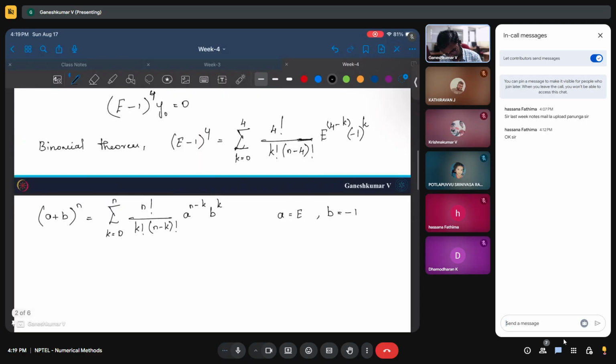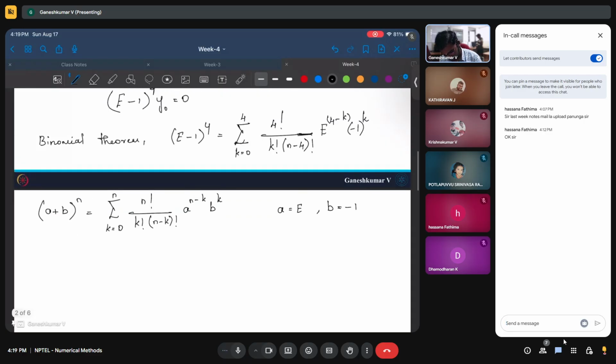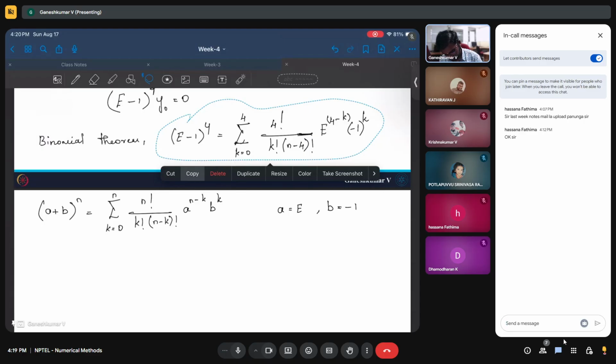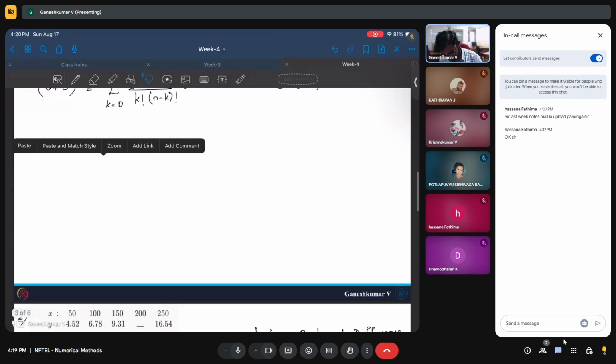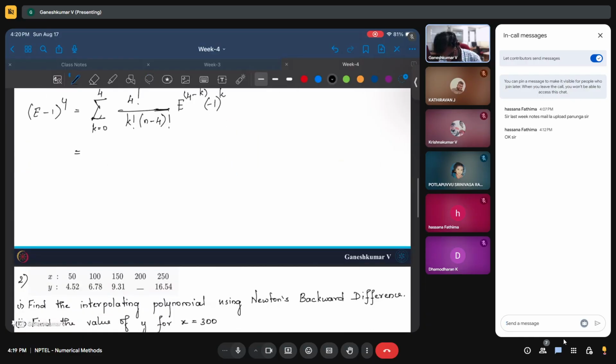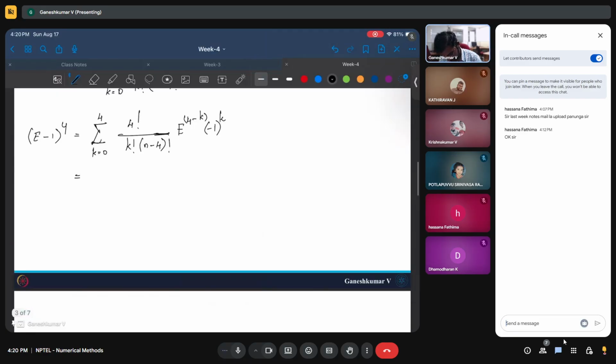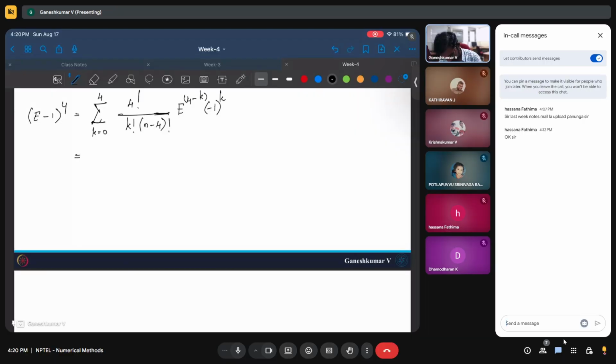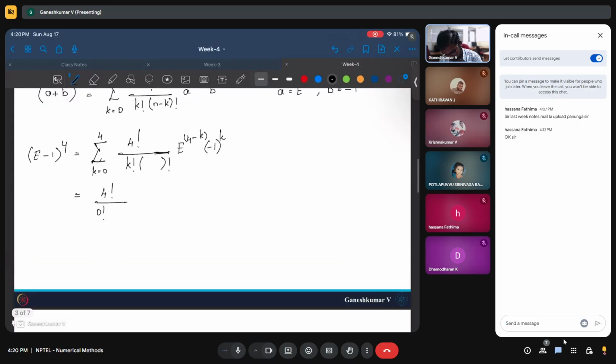So if this is the case, then how do we express this? Let's say for k equal to 0, it becomes 4 factorial divided by 0 factorial, which is 1, and this should not be n minus 4, this should be 4 minus k.